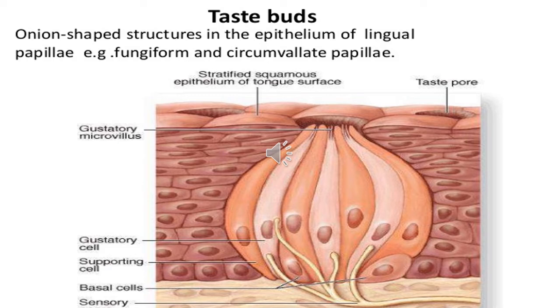Then, as you can see in this diagram also, there are small oval shaped cells which do not extend up to the taste pore opening. These are the basal cells, which are roughly oval in shape and located close to the basal lamina. I hope this structure is clear.